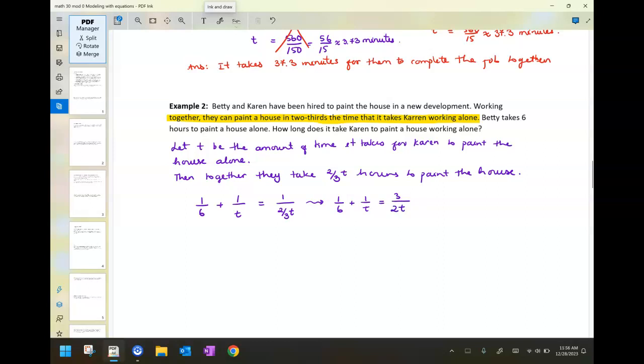Now, what is the least common denominator? The least common denominator here equals 6T. I can multiply each of the terms by the least common denominator. So T plus 6 equals 9.